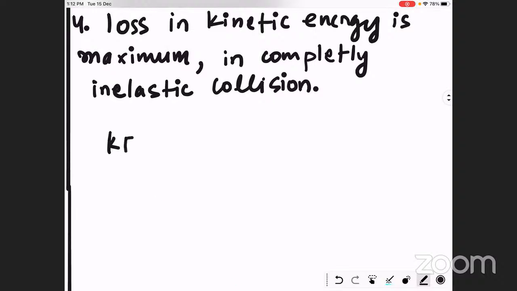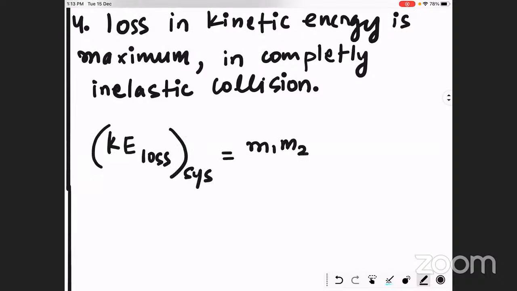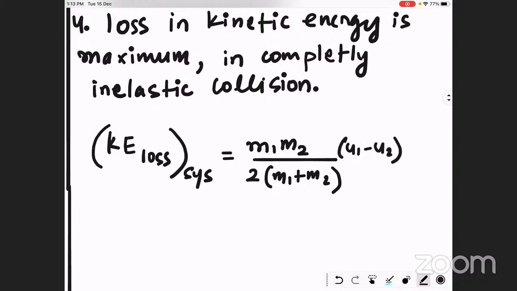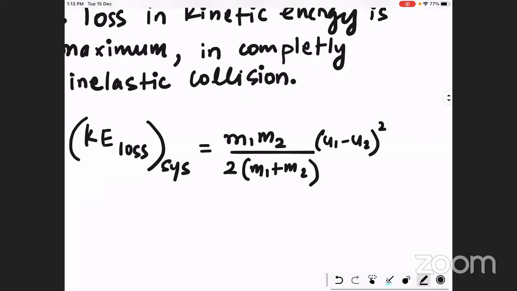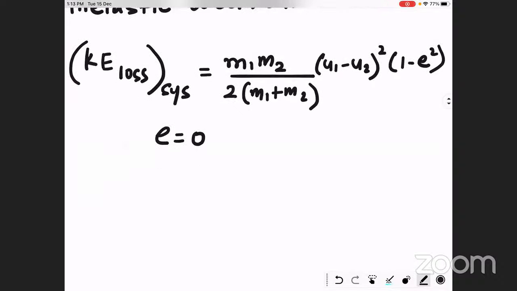So for the loss in kinetic energy of the system, the formula is the same: m1 m2 upon 2 into m1 plus m2, into u1 minus u2 whole square, into 1 minus e square. Now what is e? e is 0.